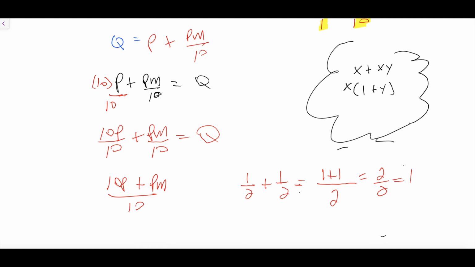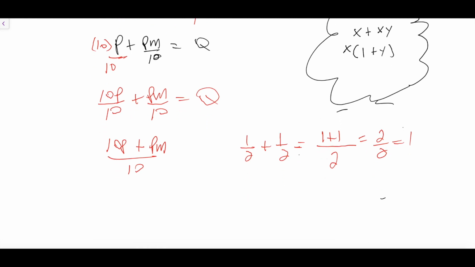Now you can factor out what from the top? P. Pull a P out from the top, and what do you get? 10 plus M, so P times 10 plus M over 10.